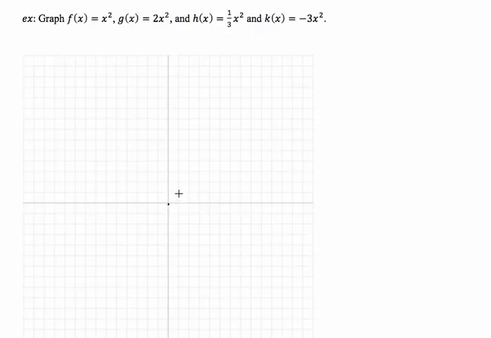So again, let's start with our basic graph of x squared. Okay, there's y equals x squared.